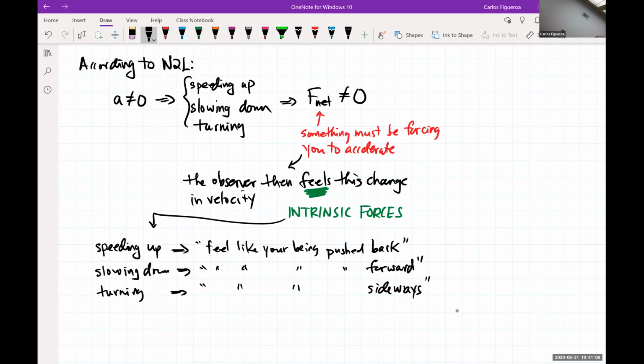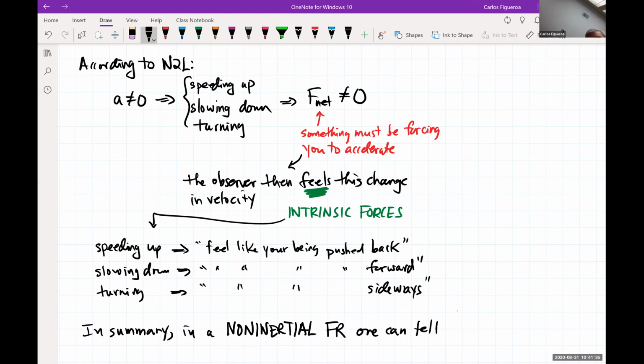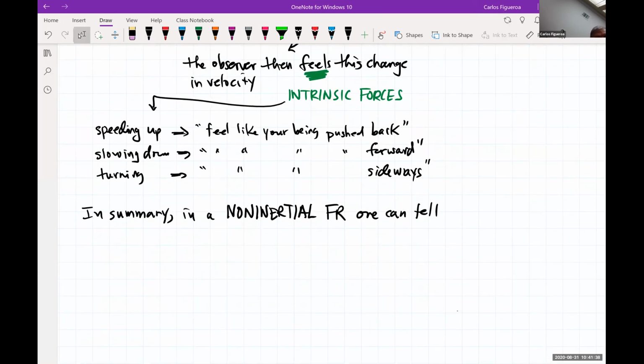So once again, in summary, in a non-inertial frame of reference, one can tell that they are moving.